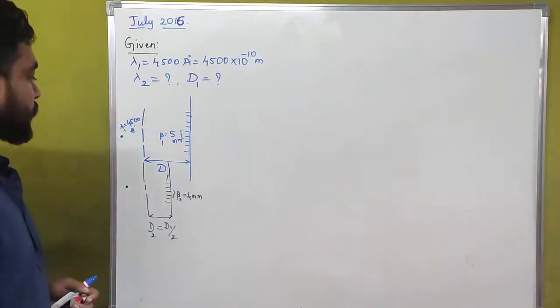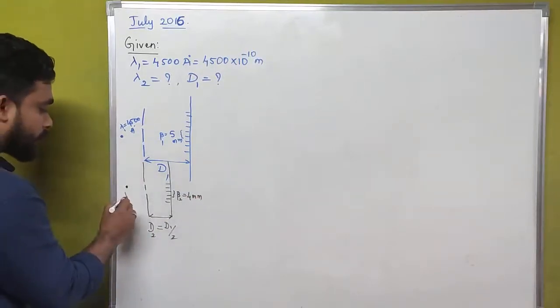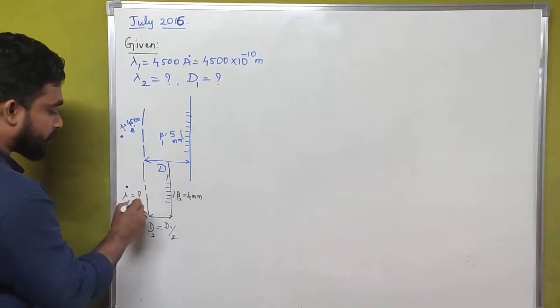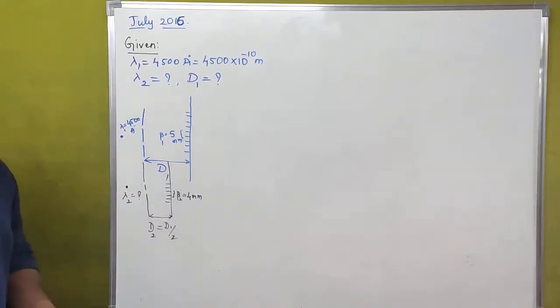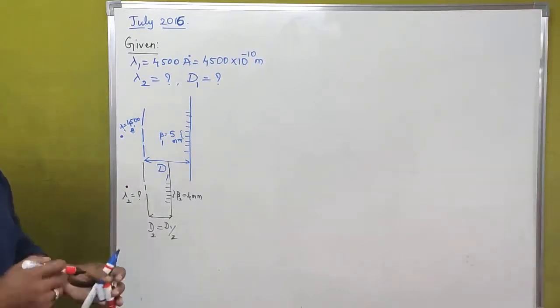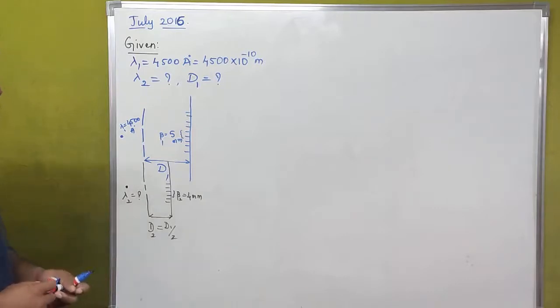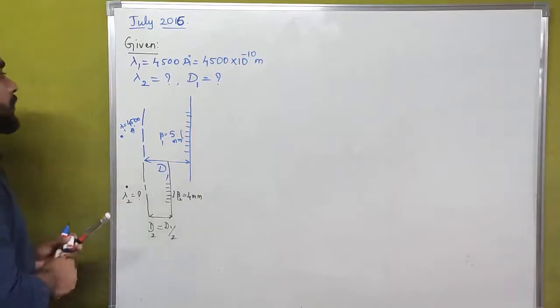That is 4 millimeter. What we have to find out is lambda 2. What is our wavelength of such a particular light? That we should find out right now. In particular case, what are the things which we know?